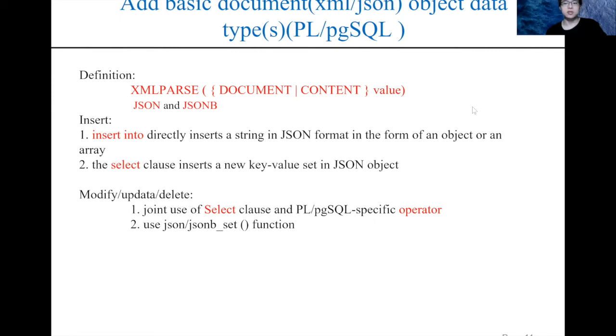Although JSON data can also be stored as text, the JSON data types have the advantage of enforcing that each stored value is valid according to the JSON rules. There are also assorted JSON-specific functions and operators available for data stored in these data types.